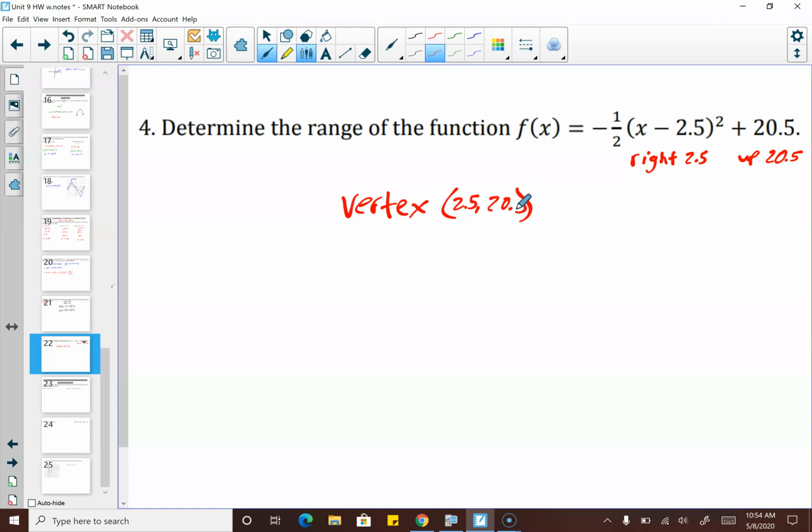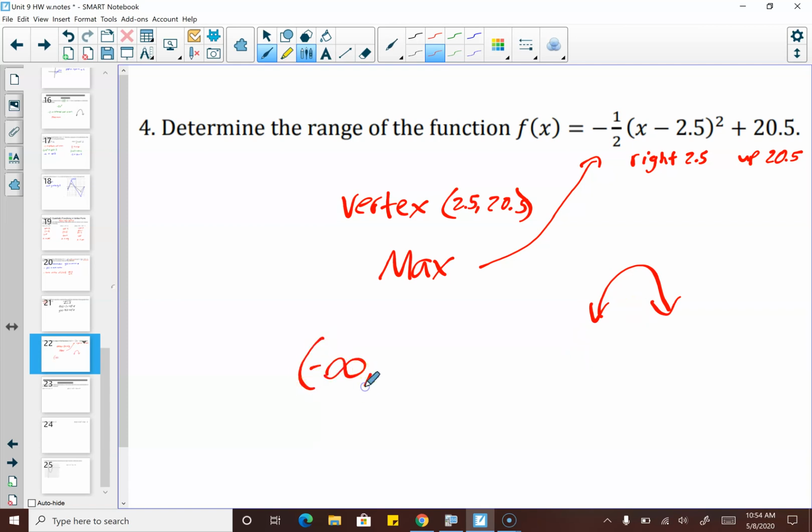Okay, so we know that is either a min or a max point. That is going to be a maximum point, because if we look at it here, we have a negative out in front. So this graph is going to have a concave down shape, which means its arrows are going to point down forever.